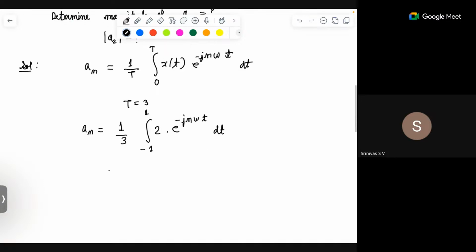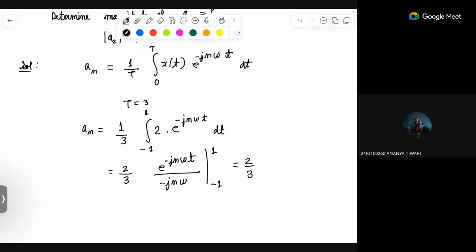Let us integrate this. 2 comes outside of the integral, it being a constant, and e is exponential. We get the same thing back, and this thing is divided. You know how to do the integration, right? Yes. So now I'll substitute 1 minus the lower limit, minus this negative and minus 1 will make it positive, divided by minus j n omega.